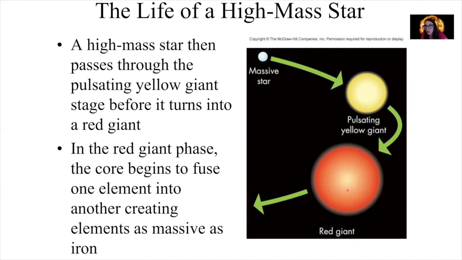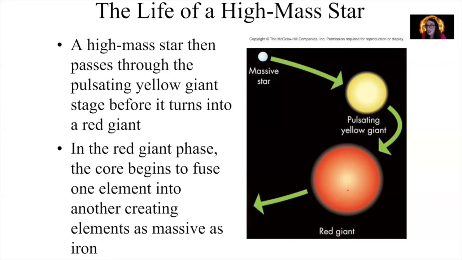Okay, so in stars like our sun, when we've run out of hydrogen to fuse into helium, then we can fuse helium into carbon, and that's about all we can do because there's not enough pressure and temperature to cause carbon to fuse into other things further along on the periodic table.